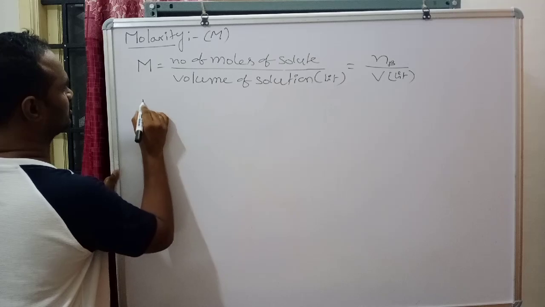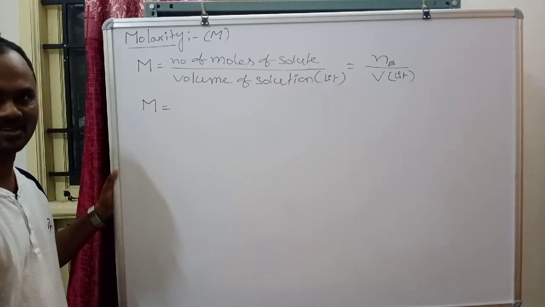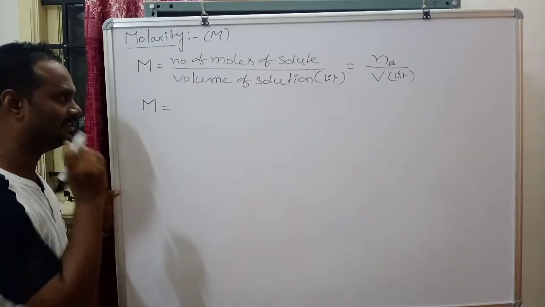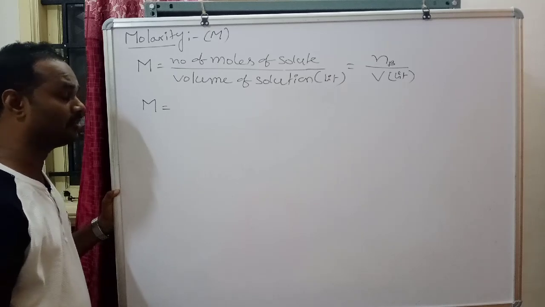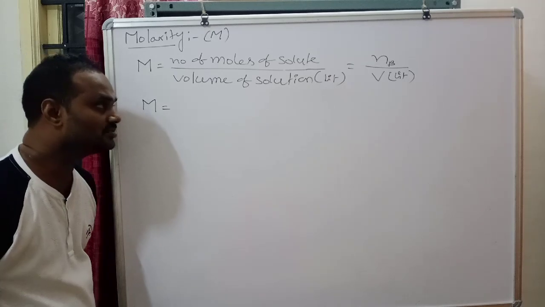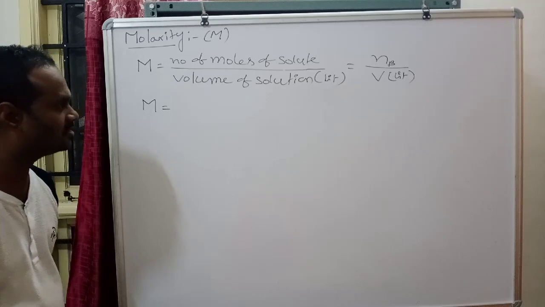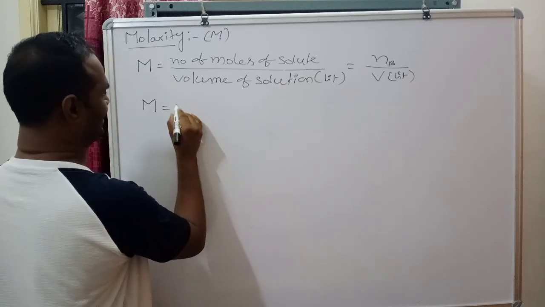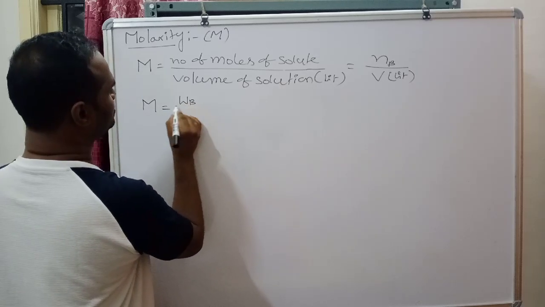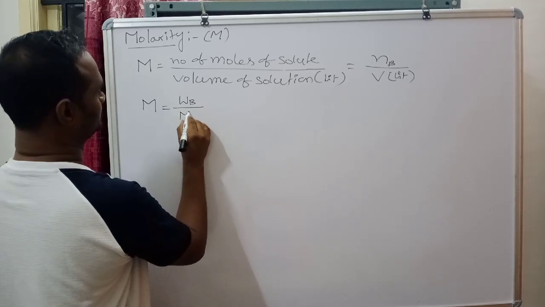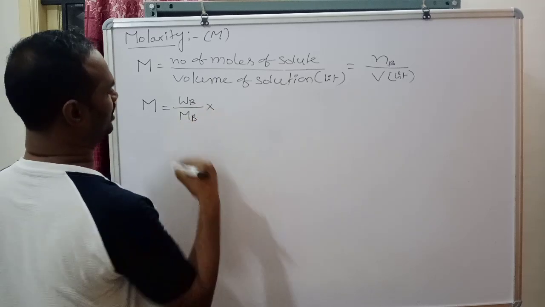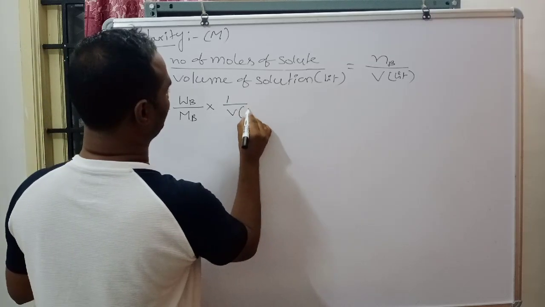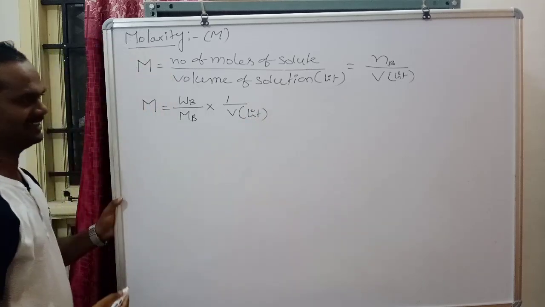Therefore, molarity is equal to number of moles of solute, and number of moles of solute means mass of solute by its molar mass. So instead of NB, the number of moles of solute, we can write mass of solute by its molar mass, into 1 by volume of solution in liters.